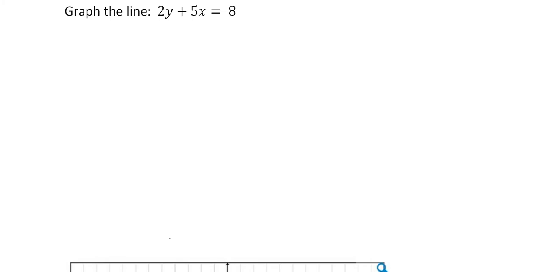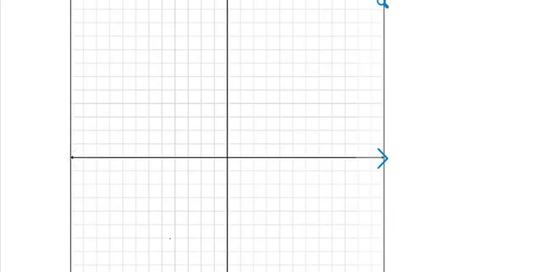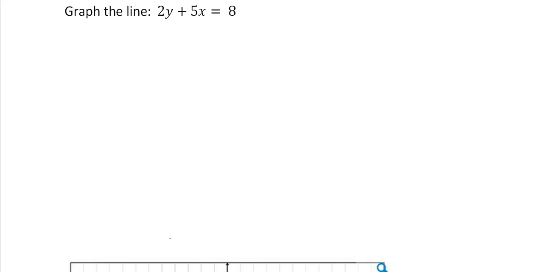Okay, so we're asked to graph the line of 2y plus 5x equals 8. And in this case, we haven't done the work. I want to do that relatively quickly. For my y-intercept, I'm going to have x equal 0, right?